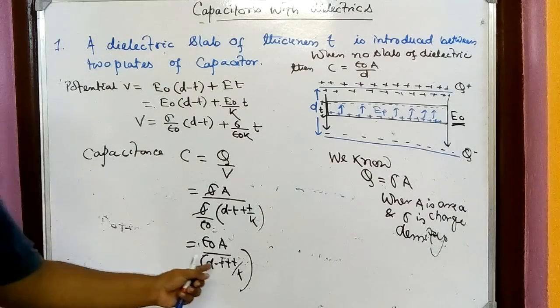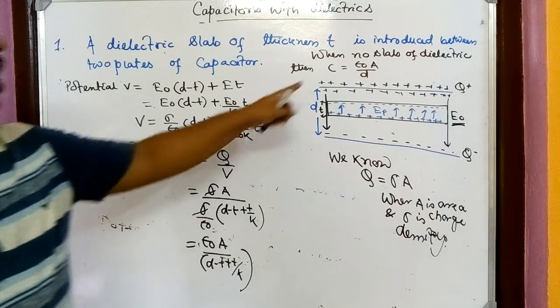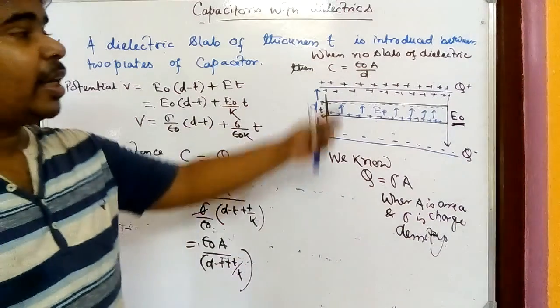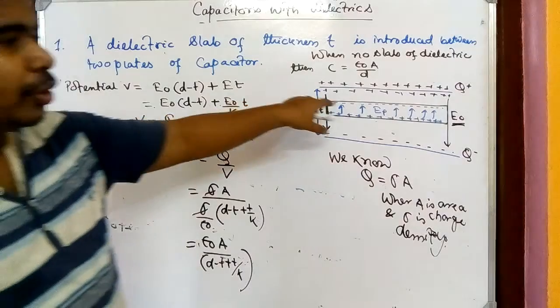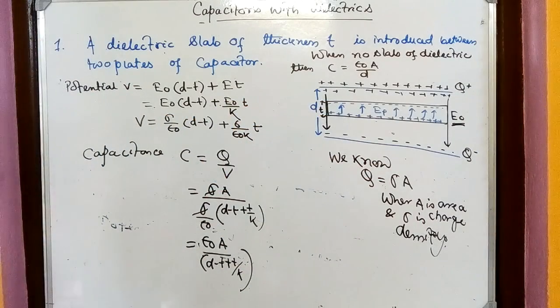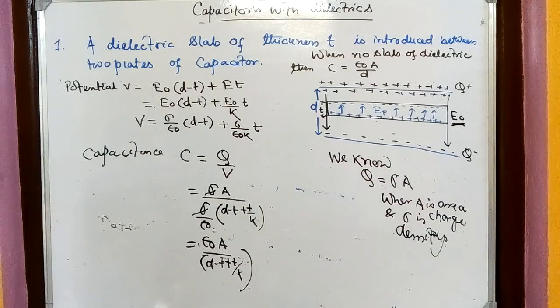That means the denominator is decreased. Denominator decreased means the capacitance will be increased compared to earlier. So if we introduce a dielectric slab, then the capacitance will automatically increase.